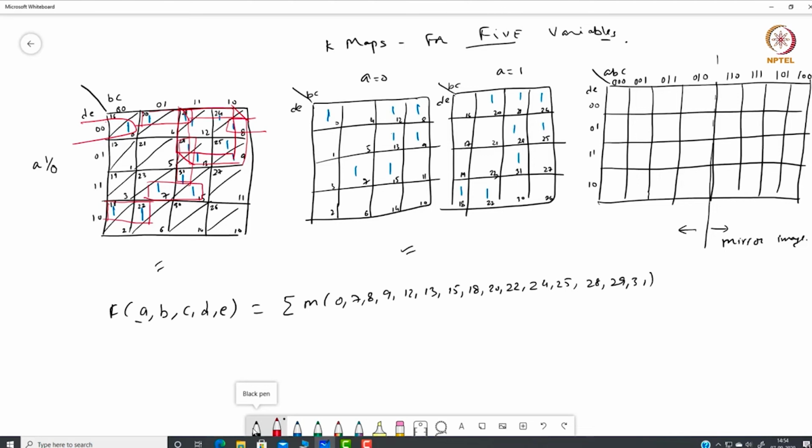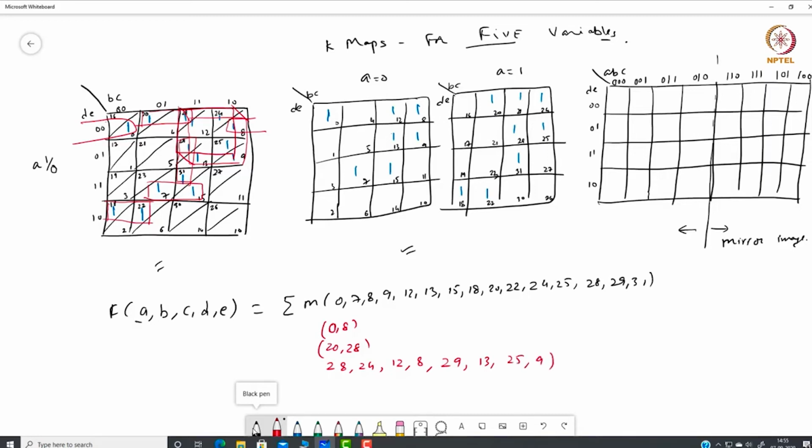So I can write the prime implicants which I have found: 0 and 8. I have also seen 20 and 28. From here I will combine and write all of them: 28, 24, 12, 8, then 29, 13, 25 and 9.